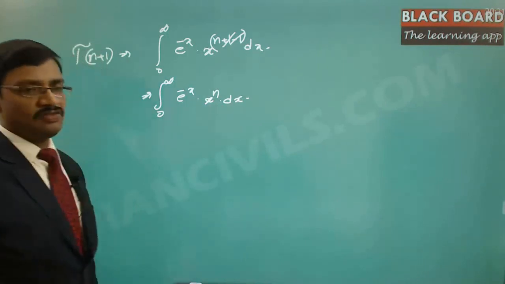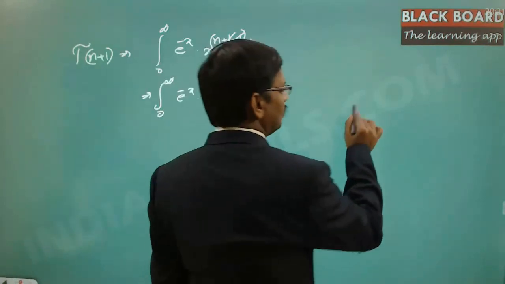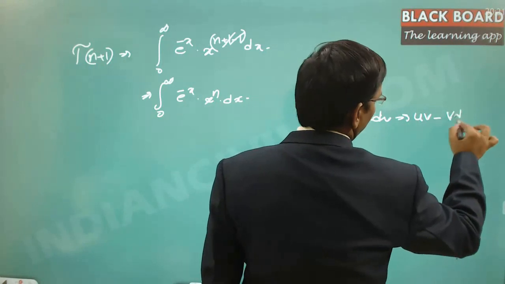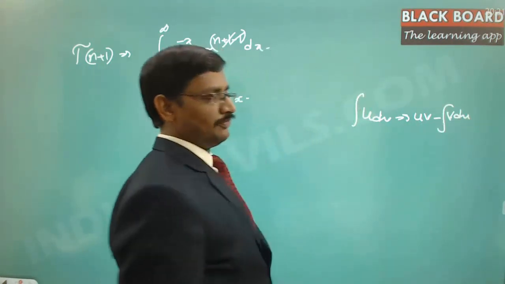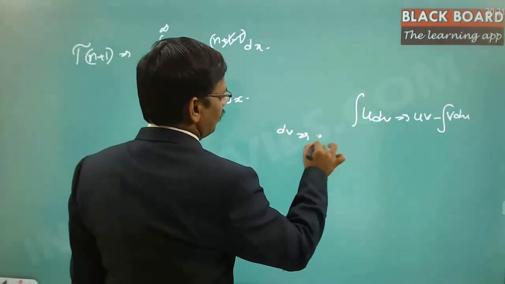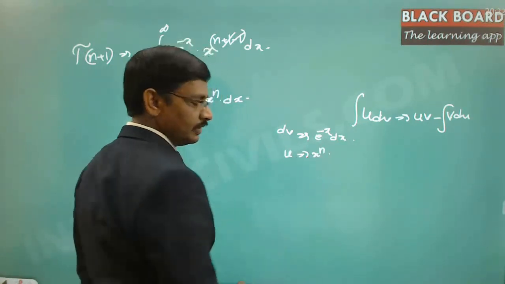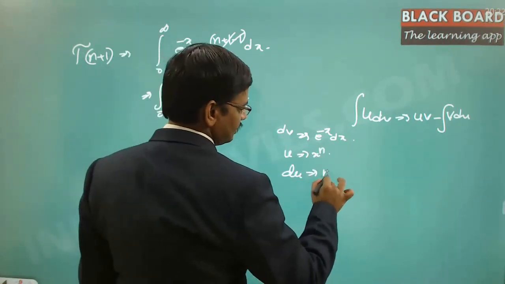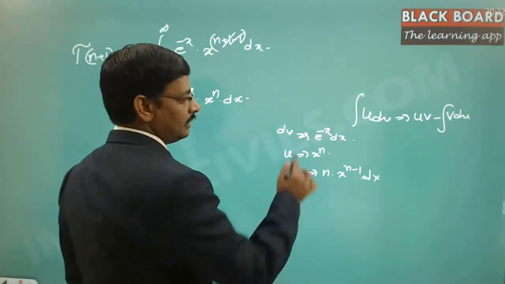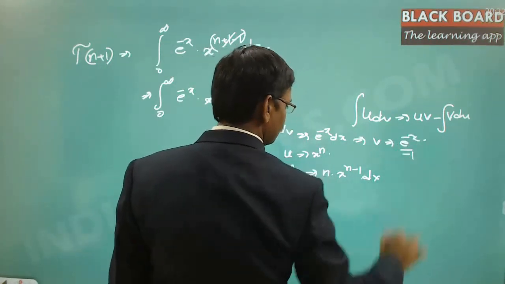Got it? So this is a solvable integral for us. Now if you apply the by parts rule, the integral of u dv is equal to uv minus the integral of v du. We take dv equal to e power minus x dx and u equal to x power n. Then du can be expressed as n into x power n minus 1 dx, and v can be expressed as e power minus x by minus 1.